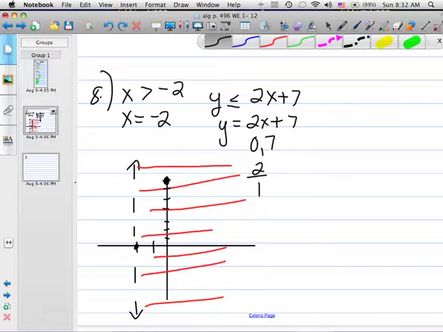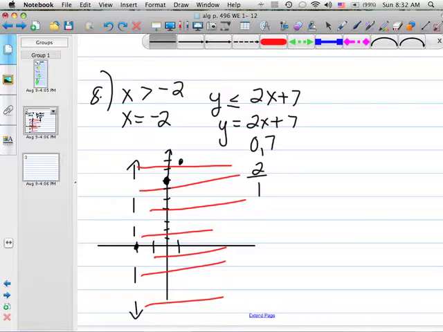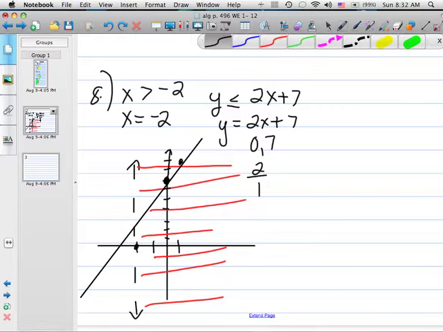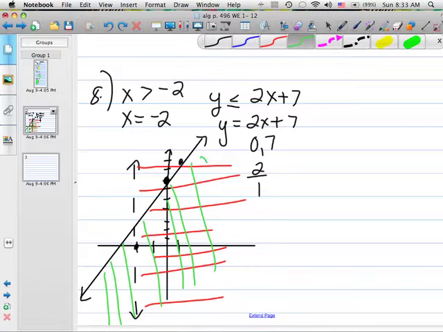And the slope is up 2, right 1. And it's going to be a solid line. And it says less than, so we're going to shade below. So our area that's crosshatched would be right along here, down here. So any ordered pair in this section here would solve both inequalities.